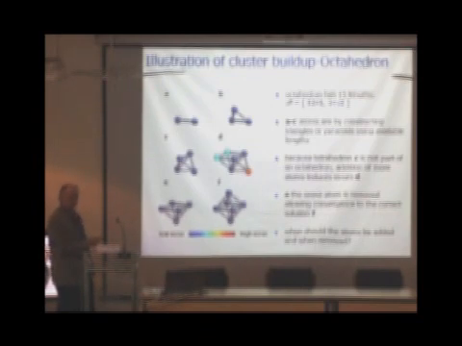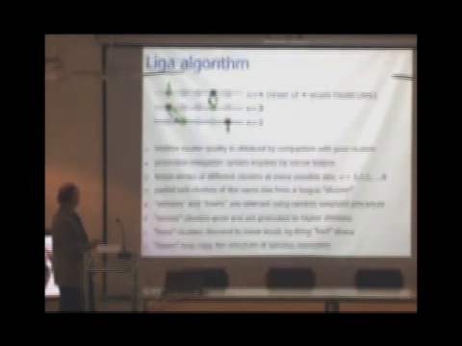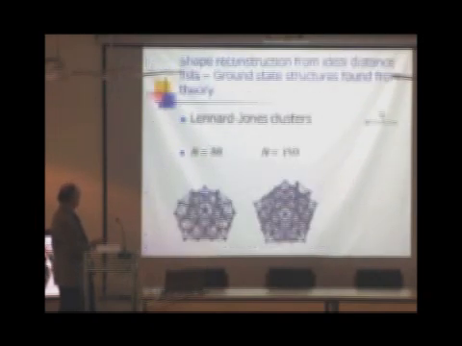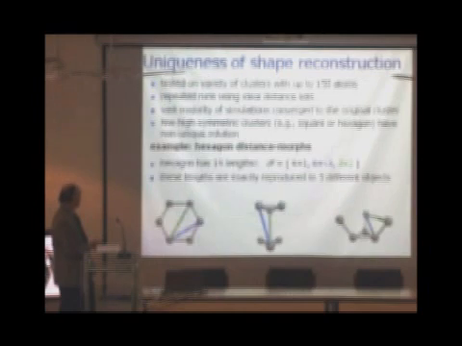Standard algorithms did not work, and I want to emphasize problem structure is absolutely critical. You get nowhere in many problems like this, and in this one in particular, without really getting into the details of the problem. So we have a combination of tournaments and dynamic programming with annealing, and in that way we've been able to invert structures up to about 100 atoms.